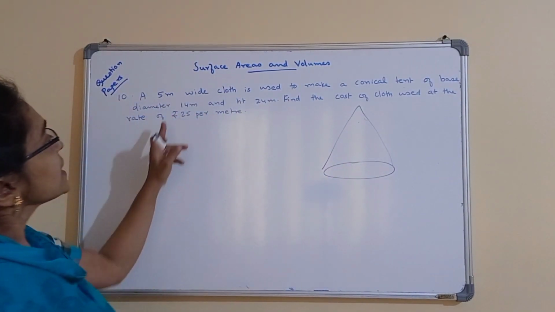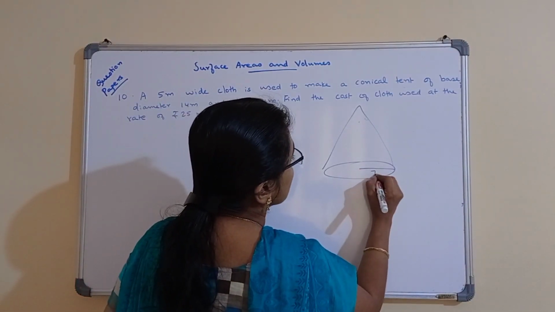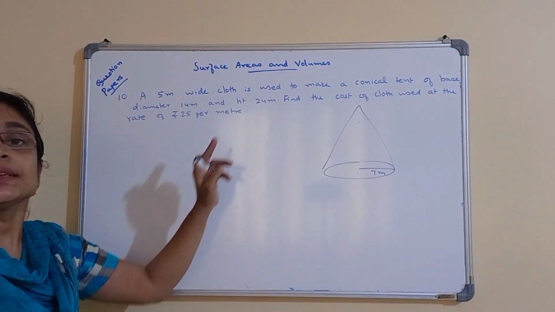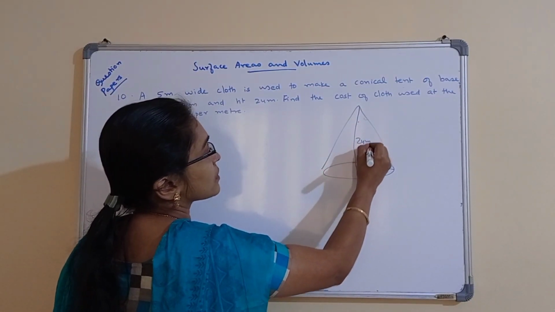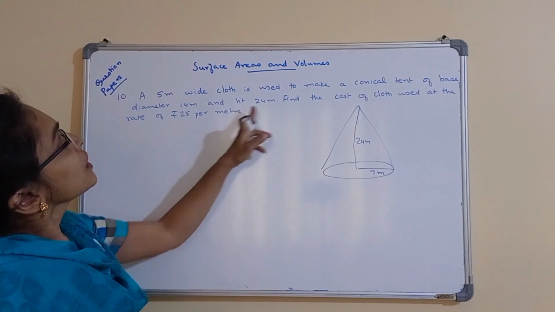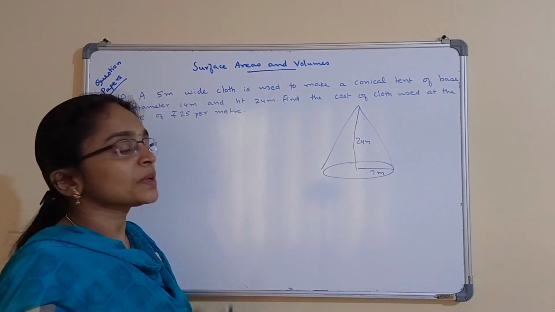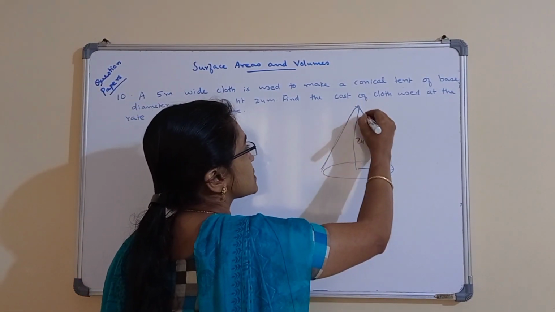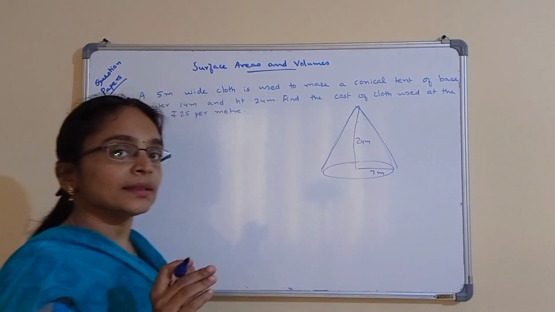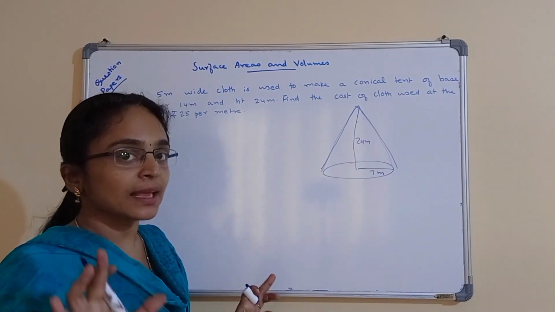Base diameter is 14 meter, means radius will be 7 meter, and height is 24 meter. Now, find the cost of cloth used. So we have to cover this part. So we have to find the curved surface area.